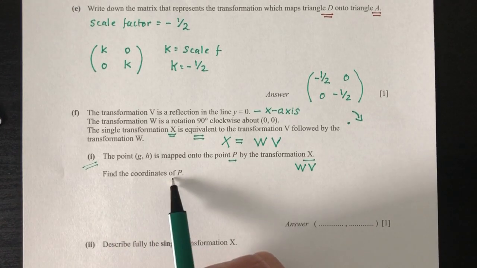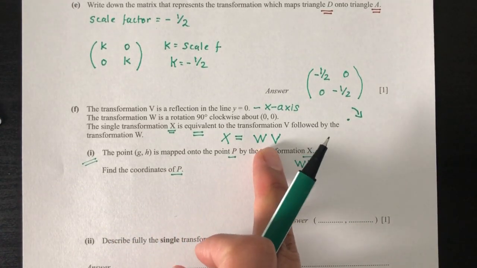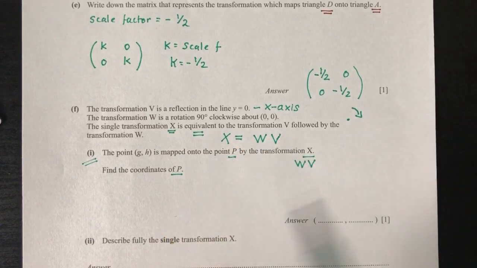Now find the coordinates of P. Pretty easy. You can first find the matrix of V and the matrix of W to begin.